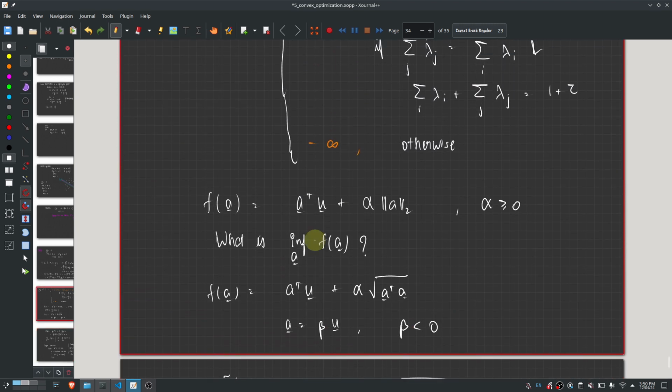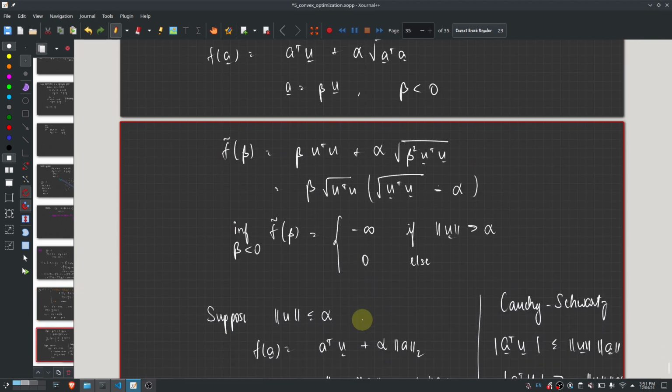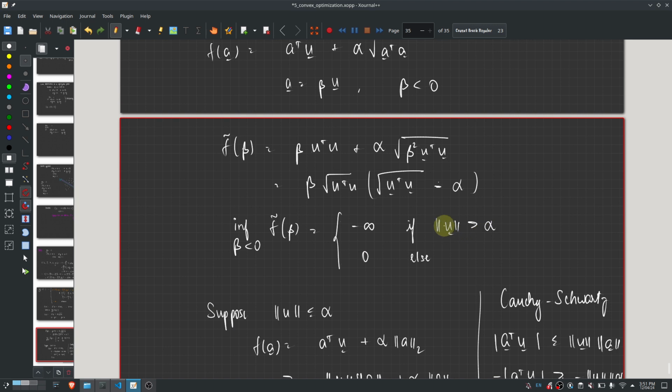But the main point here is that if you have f of a, which is a transpose some linear function of a, plus a two norm of a, then the minimum of f of a is either minus infinity or a constant, depending on the coefficient, the normal vector, and this other constant.